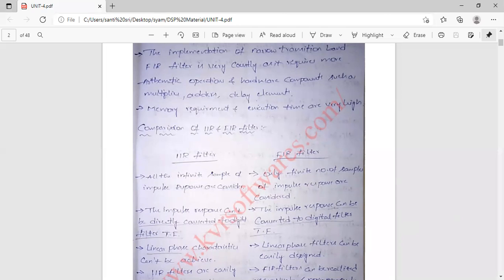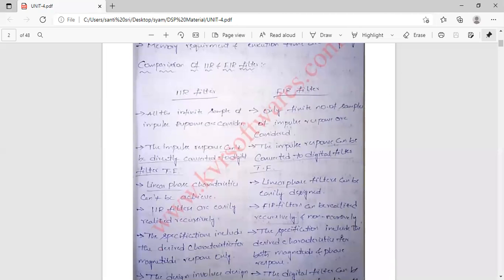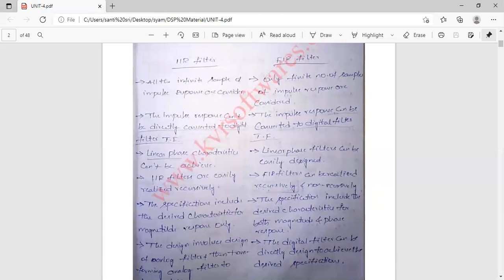In IIR, linear phase characteristics cannot be achieved, whereas in FIR filters, linear phase filters can be easily designed. IIR filters are easily realized recursively, while FIR filters can be realized recursively and non-recursively. For IIR, the specifications include the desired characteristics for magnitude response only, and for FIR the specifications include the desired characteristics for both the magnitude and phase responses.